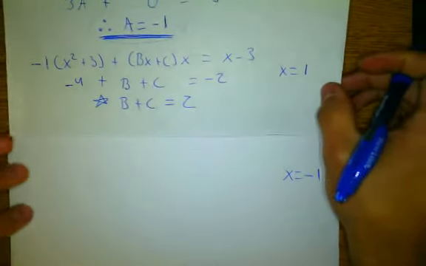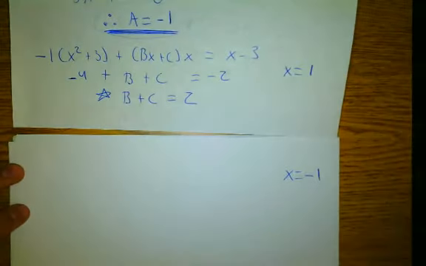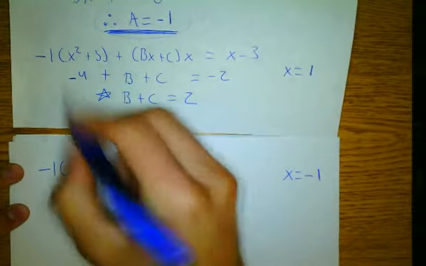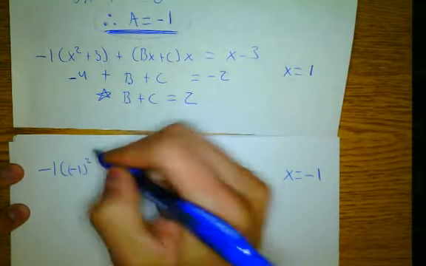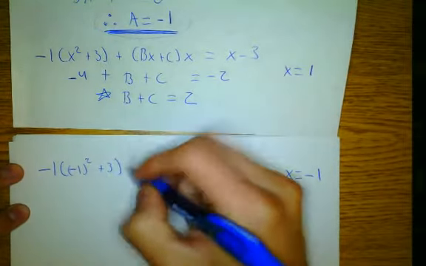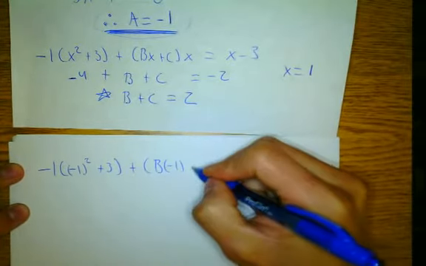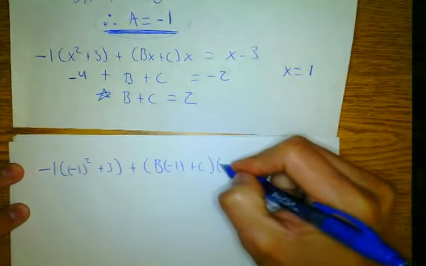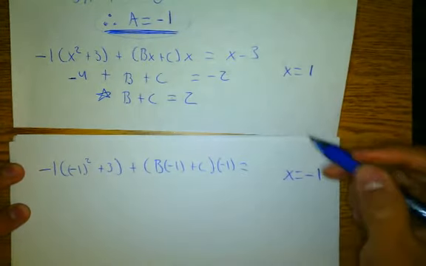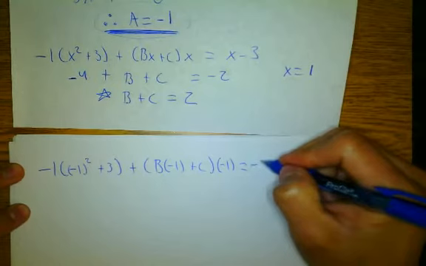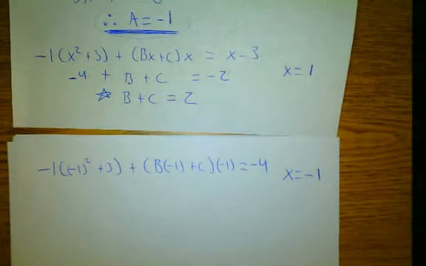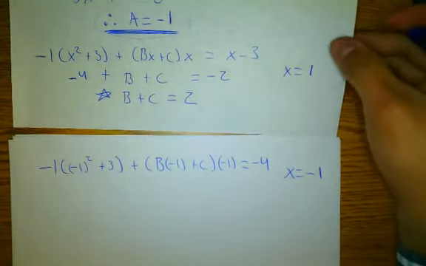So if I try negative 1, let me look at my expression again. So here's my expression. It's going to be negative 1 times negative 1 squared plus 3, plus b times negative 1, plus c times negative 1, equals negative 1 minus 3, which is negative 4. Right? Okay. Go ahead and get rid of this paper.